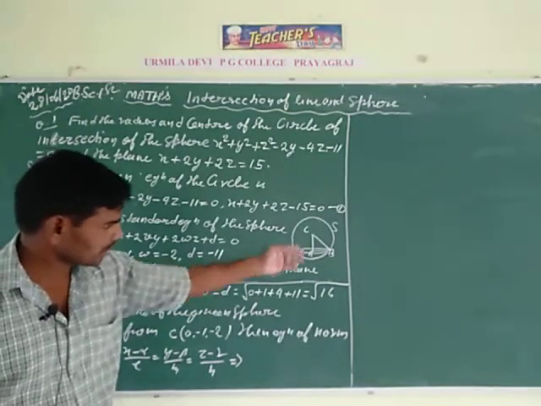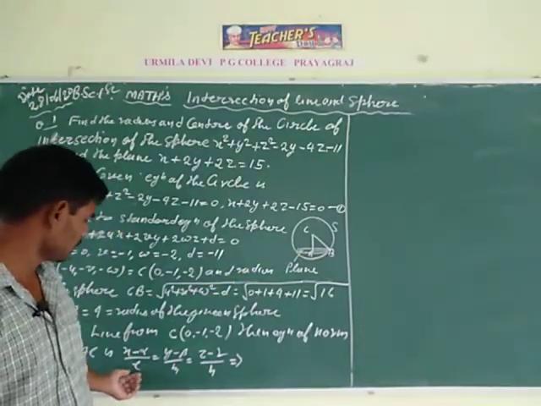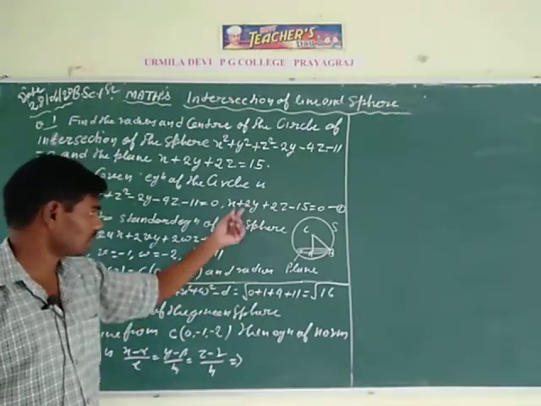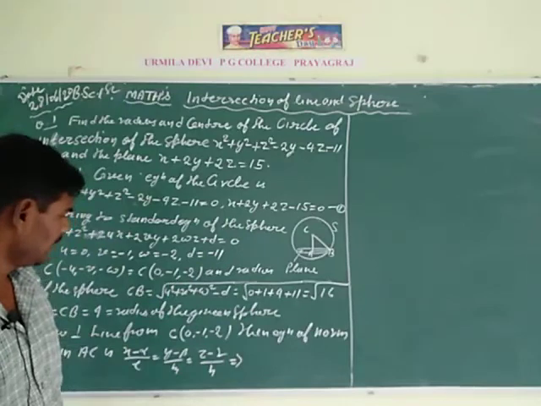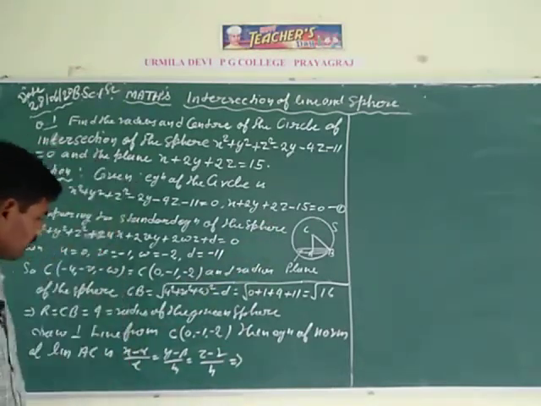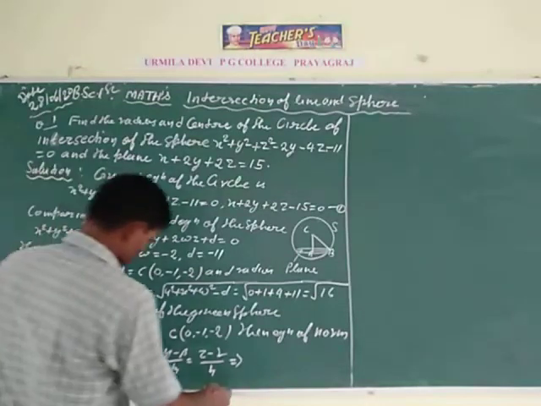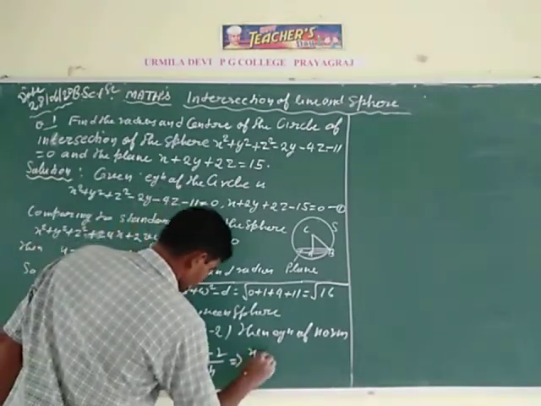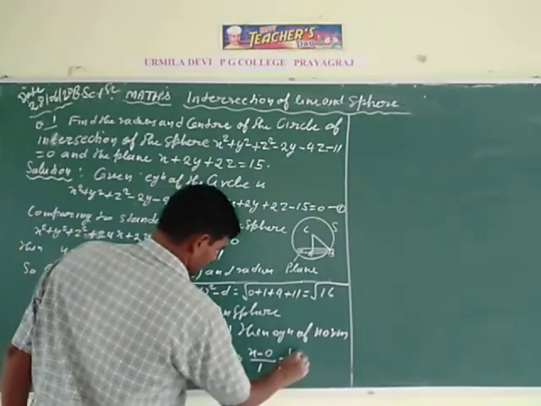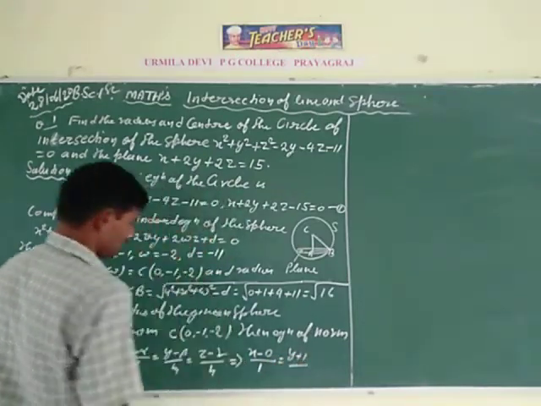So the line is a normal line of the plane, then the direction ratios are L equal to 1, the coefficient of x, m equal to 2, the coefficient of y, and n equal to 2, the coefficient of z. Putting these values in this equation, x minus 0 divided by L, which is 1, y minus minus 1, that is y plus 1, divided by m.